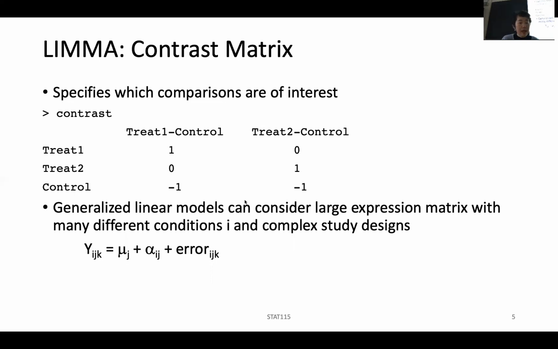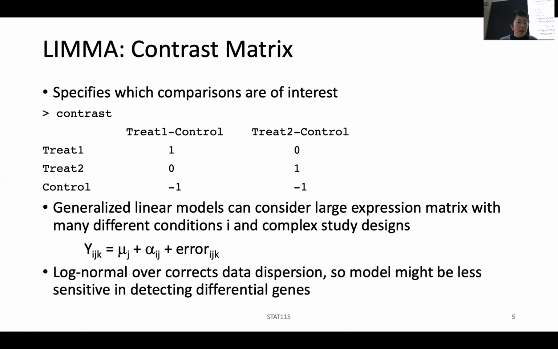And so basically, the algorithm will use this type of generalized linear model to estimate across all the samples what is the mean, what is the effect on each treatment, and whether there is a significant difference between one condition and another condition. And so this works to a certain degree, except that log normal is kind of an overcorrection of your data distribution.